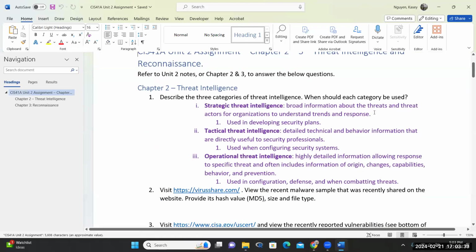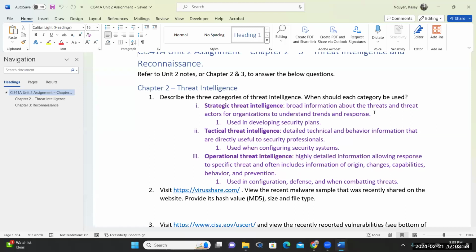We are going to describe the 3, and you can pull that from the notes. But just to give the overview on these, the notes give you the definition, but we want to understand when we should use it. So for the first category, strategic threat intelligence, this is used when you are creating security plans.